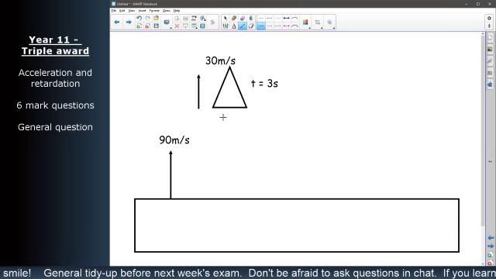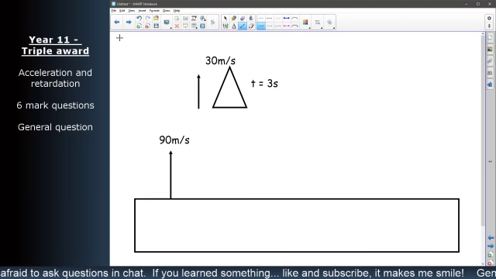Now notice I'm not suggesting to you that this object is flying freely up in the air. It could have a parachute attached to it, it could have some form of rocket boosters, it could have anything going on here. We haven't discounted air resistance, so we're not necessarily saying that a has to be 10 here. I would make that clear in the question, like calling it a rocket with its engines firing, or a triangle that is subject to a massive amount of friction.